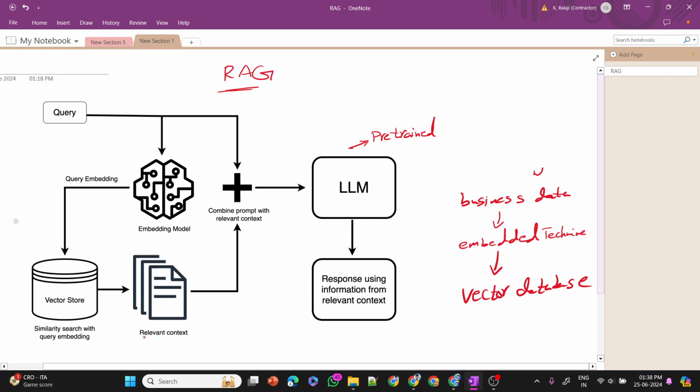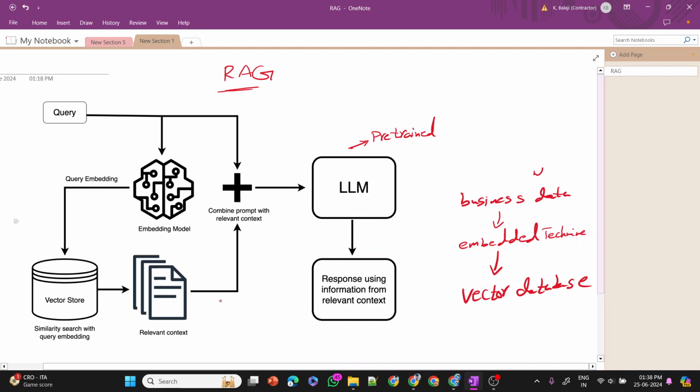The relevant context is retrieved from the vector storage using the embedded query, and both the query and the relevant content retrieved from the vector storage are used.